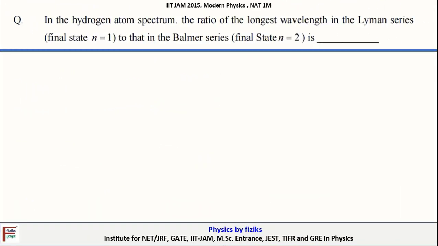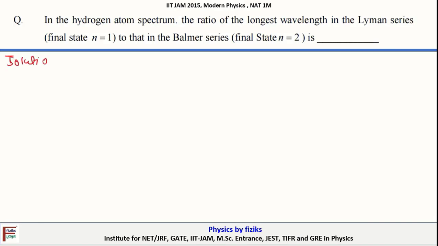In the hydrogen atom spectrum, the ratio of the longest wavelength of the Lyman series, final state n1, to that of the Balmer series, n2, is.